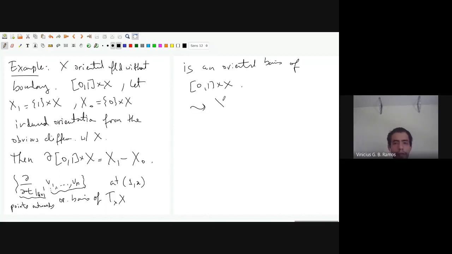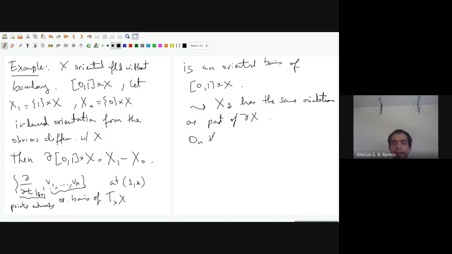So this x1 actually has the same orientation as part of the boundary of x. So being part of the boundary of x will induce the same orientation that x1 naturally has.